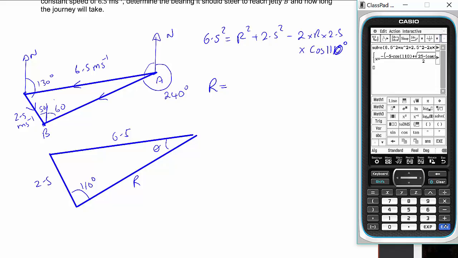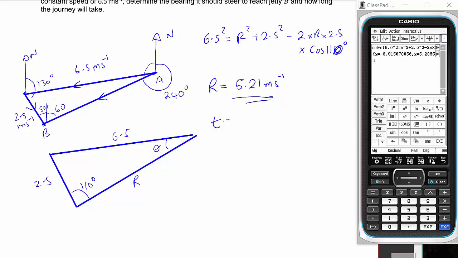And we'll go for that. Probably should have gone back to decimal. So let's just do that again. And clearly it's going to be the 5.21. So it's 5.21 meters per second.